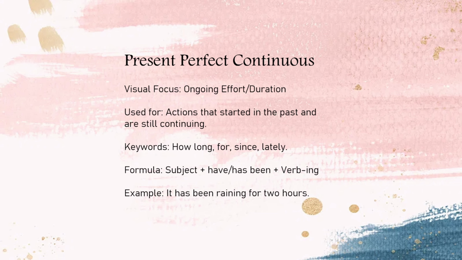If it is I, we use have been. If it is she or he, we use has been. They is have been. So for example, in this sentence, it has been raining for 2 hours. Here it is the subject, and has been is what you're going to be using. And then raining. Rain is the verb and you add ing to it.